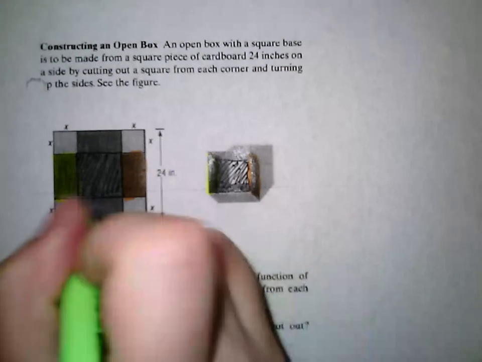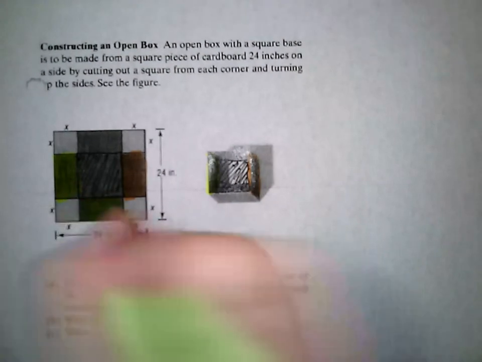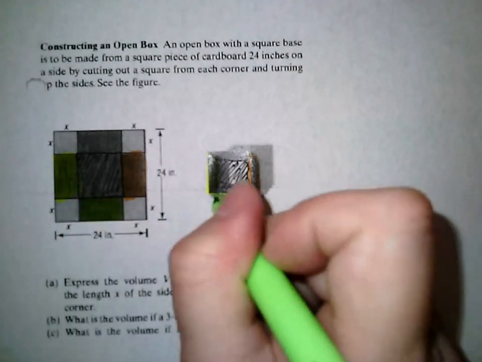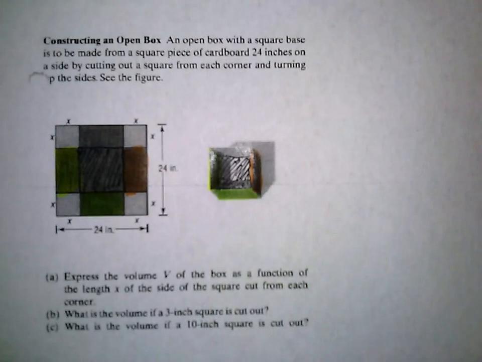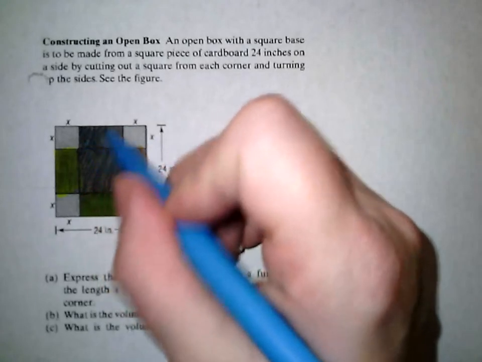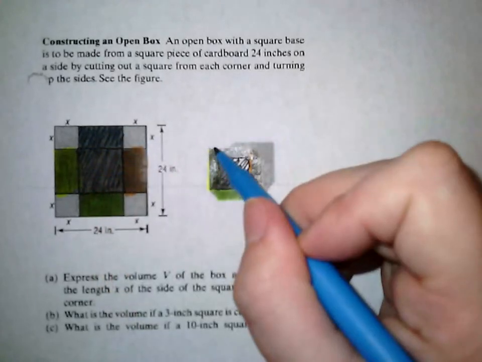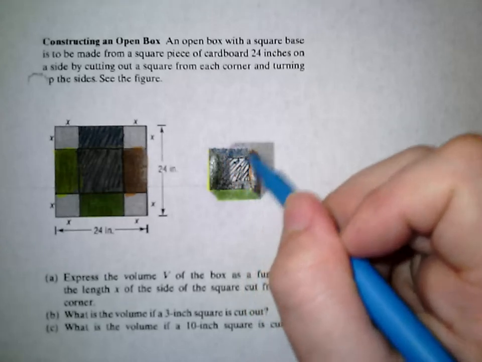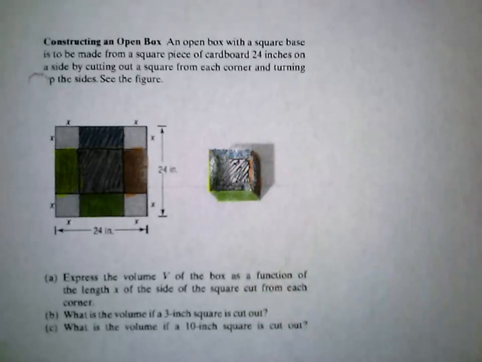Then we've got this flap, which will be that side of the box. And our last flap here, when we fold it up, is going to be this side of the box. So that's how we're creating the box.